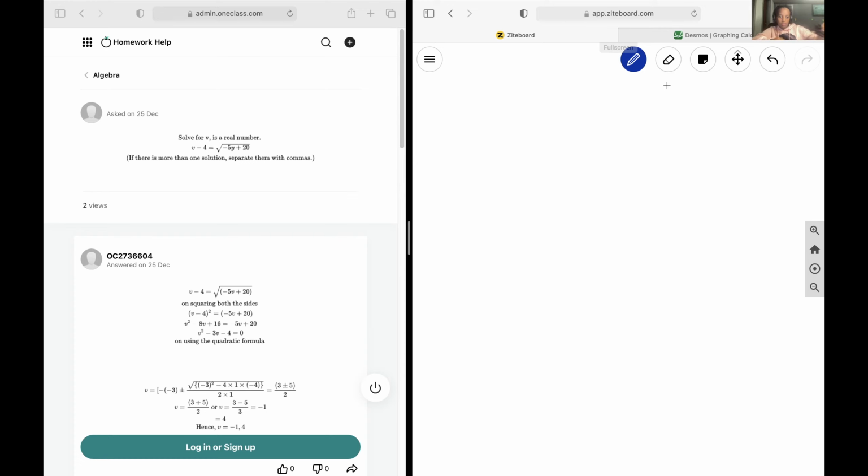Next up, we would like to solve for v. So I'm going to solve the question given at the top, because there seems to be an error with the question at the bottom. So we have v minus 4 is equal to the root of negative 5y plus 20.